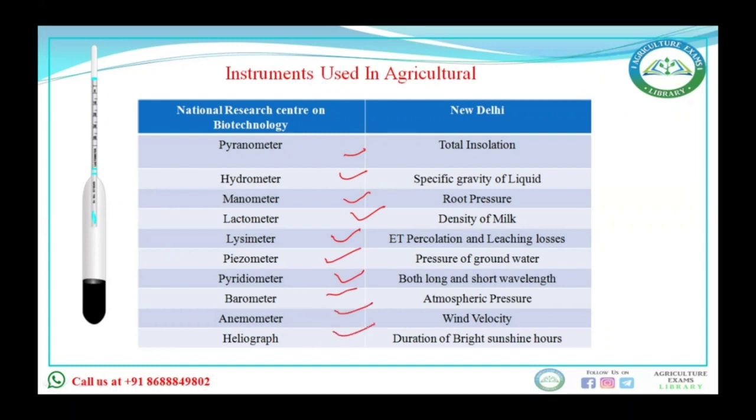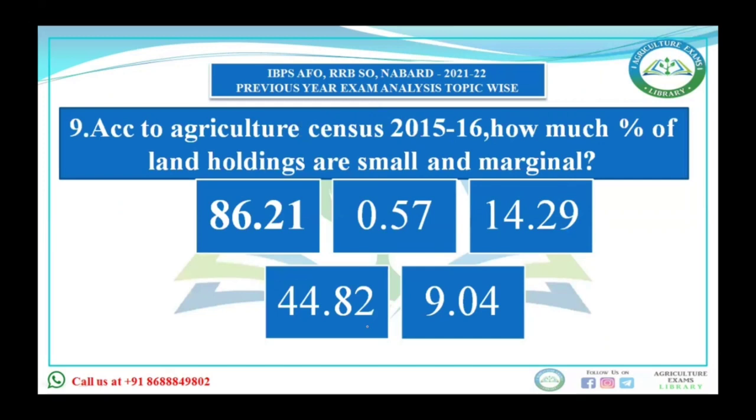Okay. Then next question is, according to the agriculture census of 2015-16, how much percentage of land holdings are small and marginal? Options are 86.21, 0.5%, 0.57, 14.29, 44.8, 9.04.